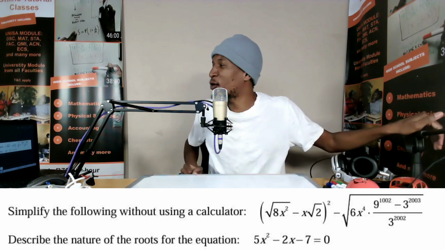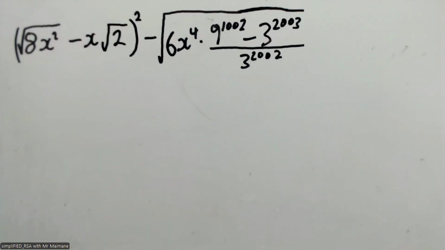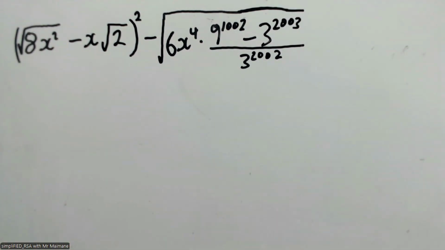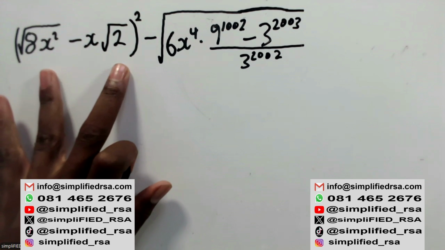For the first one, we have to simplify the following without using a calculator. It's a whole lot of different terms, so we have to break it down step by step. As complicated as it may seem, if we apply the right rules, which is the whole concept of mathematics, following the rules, it works out.